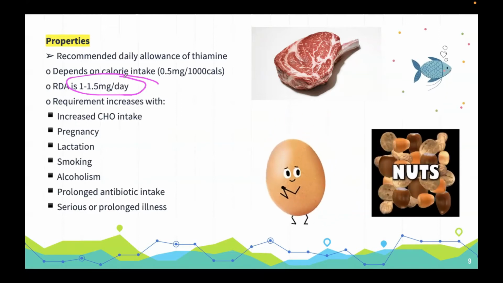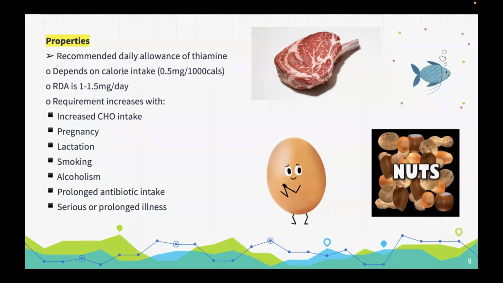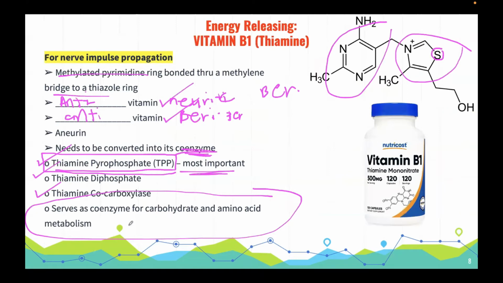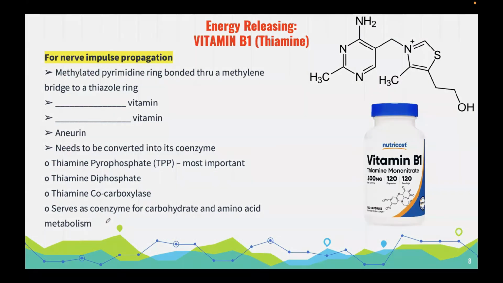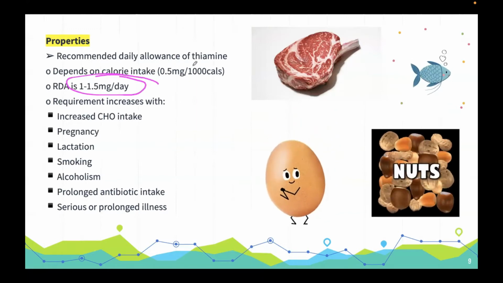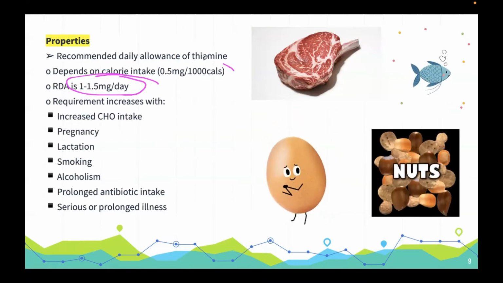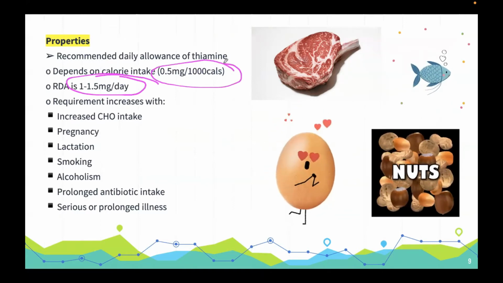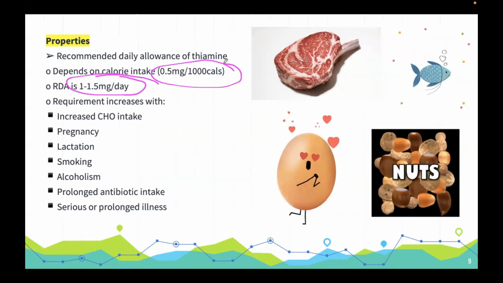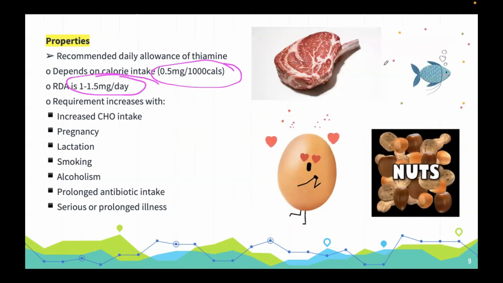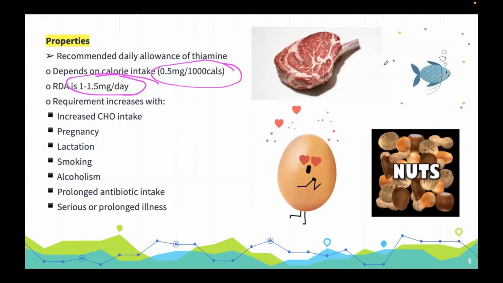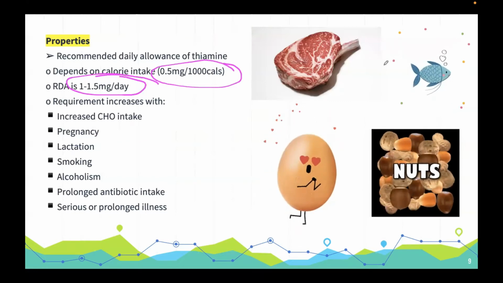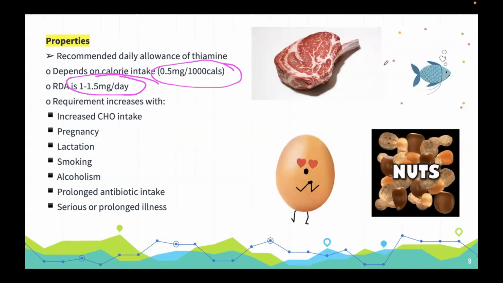Also, it depends on the calorie intake, because, as we said, it can serve as a cofactor or coenzyme in carbohydrate and amino acid metabolism. So usually it is 0.5 milligrams for every 1,000 calories. Remember that. So what are the food sources of vitamin B1? We have meat, fish, egg, nuts. Cereals can also be a source of vitamin B1.